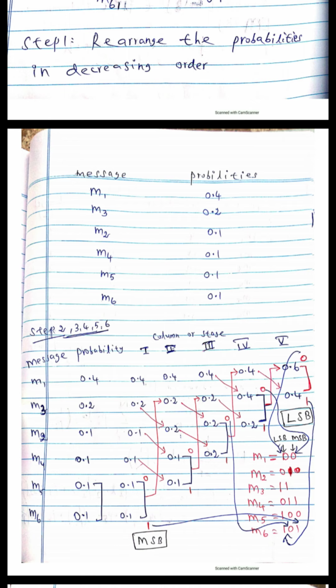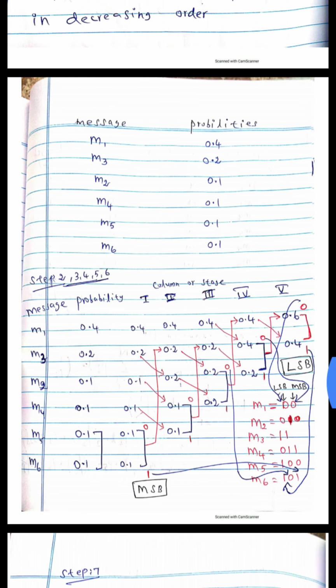Assign 0 for the m5 message and 1 for the m6 message. The summation of these two is 0.2. That value is moved above the m3 value.